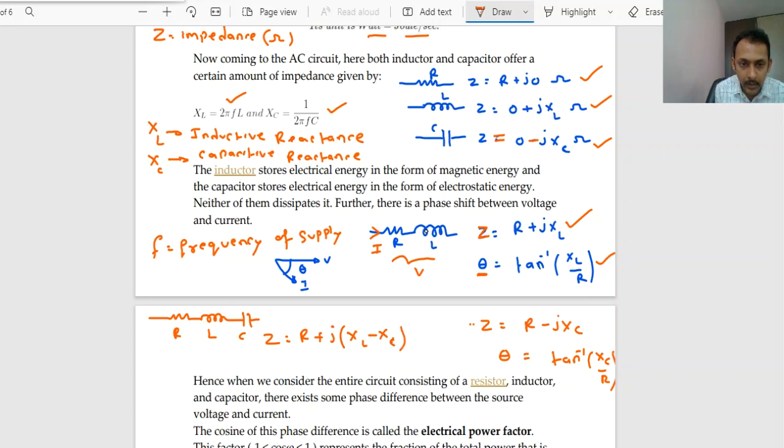If you want the angle phi, in that context it is tan inverse of XL minus XC divided by R. So all the possibilities are discussed, whether it is resistive, inductive or capacitive, or a combination of RL, RC and RLC. In all the cases, it is important to find out the angle phi. Once you know phi, the power factor PF equals cos phi or cos theta.